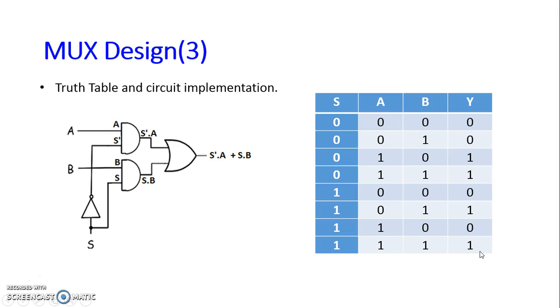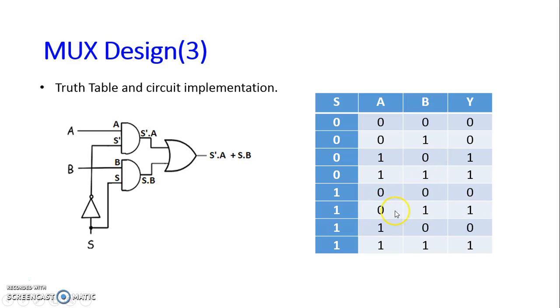To implement this, we have to find out at how many places we have 1 in my output. This combination is when S is equal to 0, A is equal to 1, B may be 0 or 1.